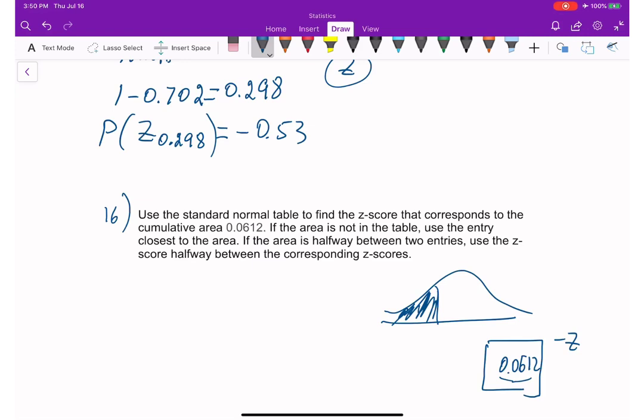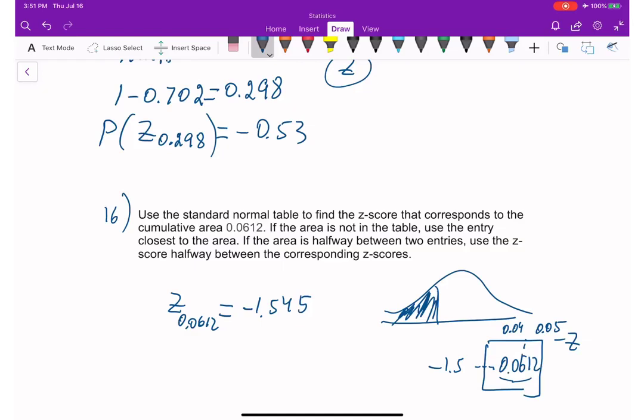So since we have 6%, we go straight to the negative z-score. Horizontally, you will see negative 1.5. Vertically, you will see it's between 0.04 and 0.05. So the z-score for 0.0612 is going to be equal to negative 1.545.